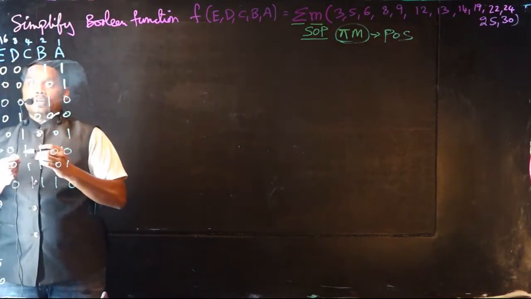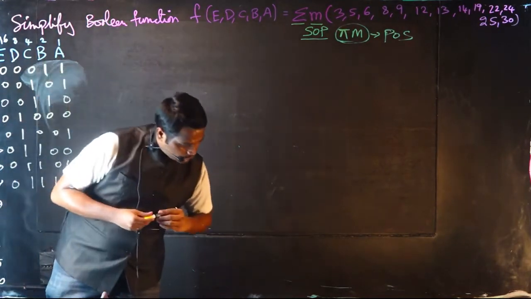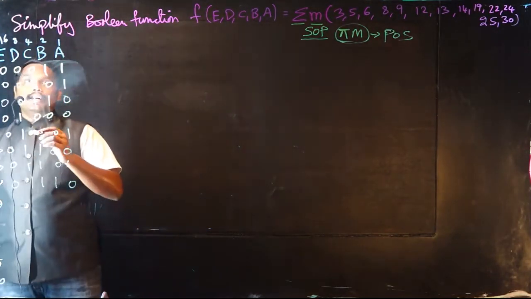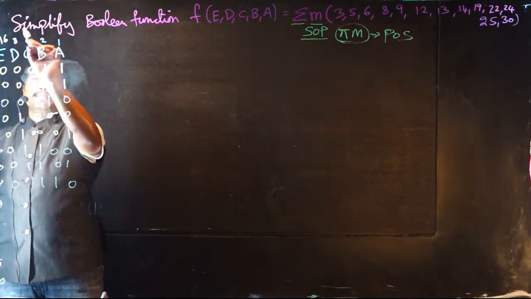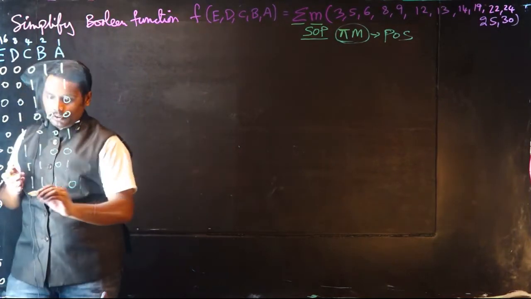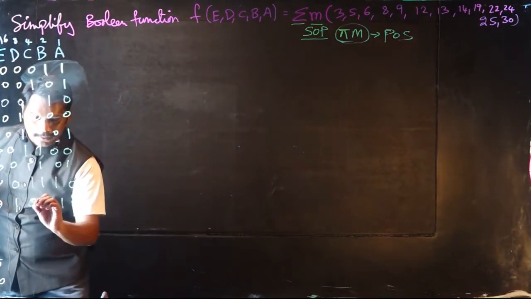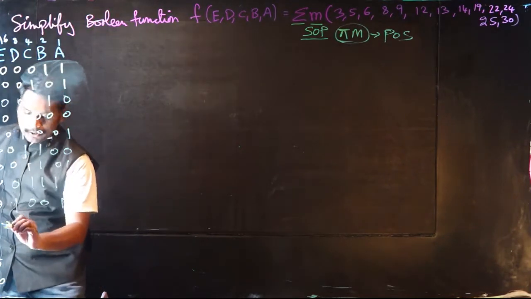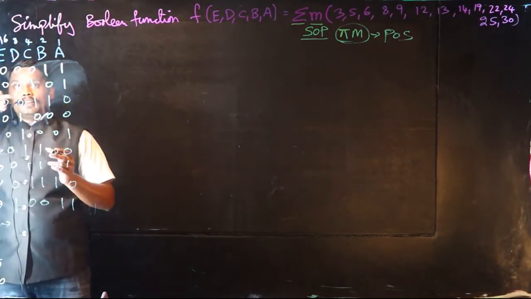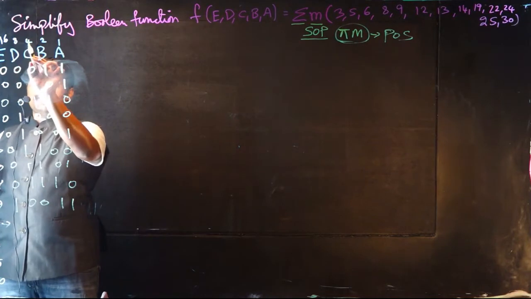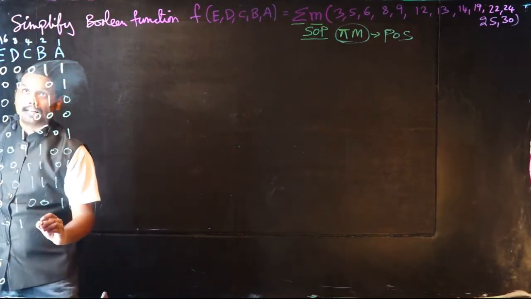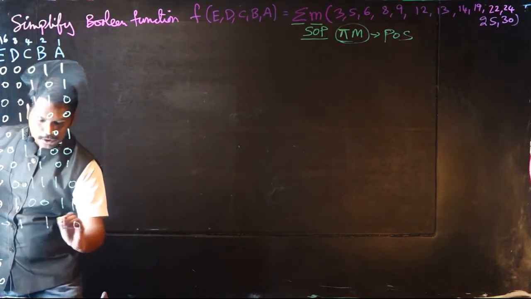And 19, you can make something like 16 plus 2 plus 1. So 1, 1, 1 followed by 2 zeros, right? And for 22, you can make 16 plus 4, 20 and 22. So 1, 1 and 1, 0, 0, right?